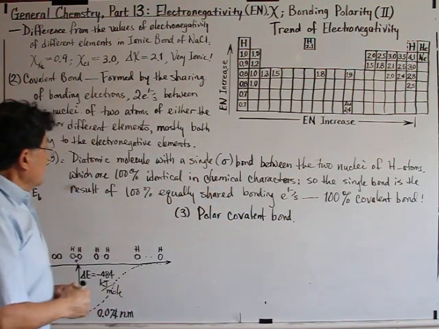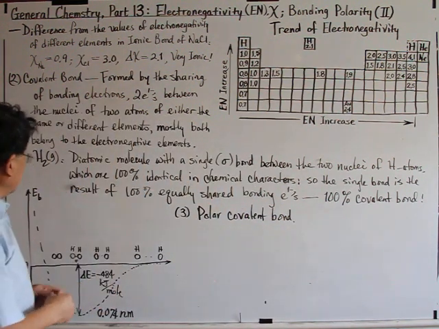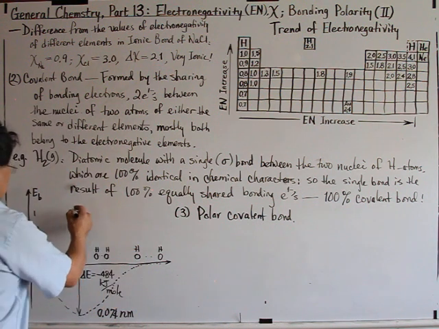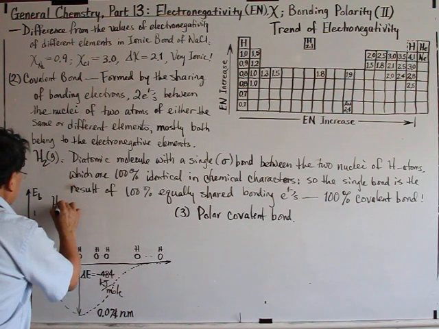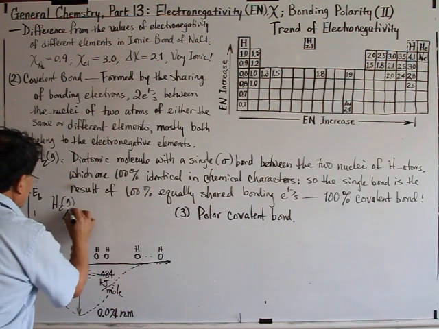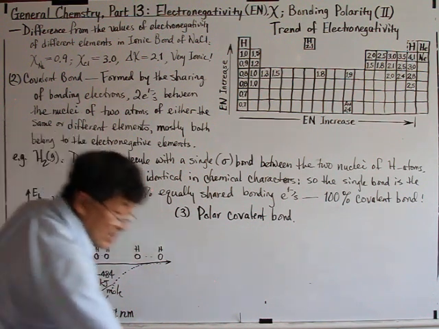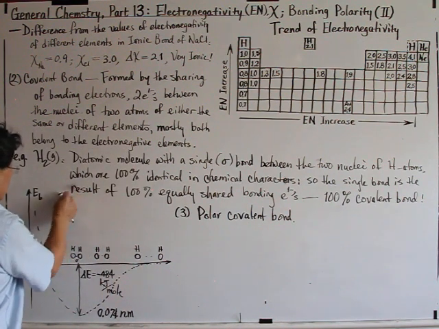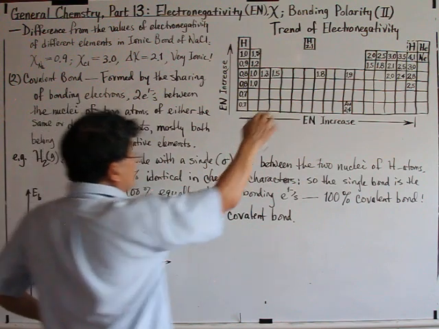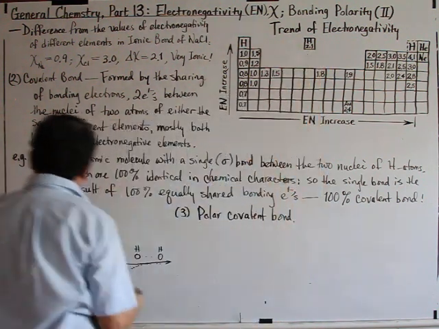Now, if we talk about hydrogen gas, what is the difference in electronegativity, delta chi, in the hydrogen diatomic molecule case? You tell me. What is the hydrogen electronegativity value? 2.1, right?